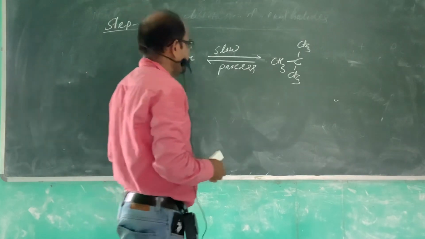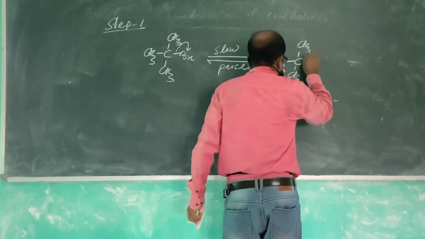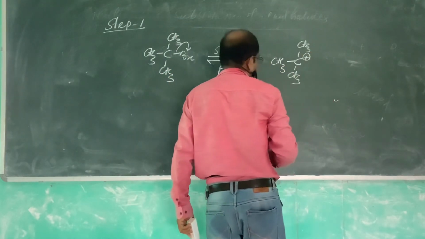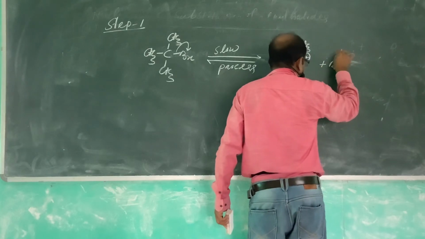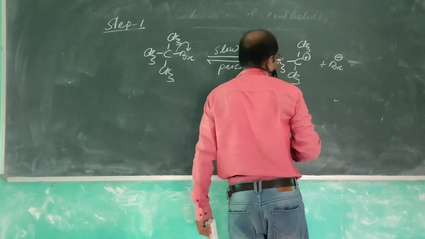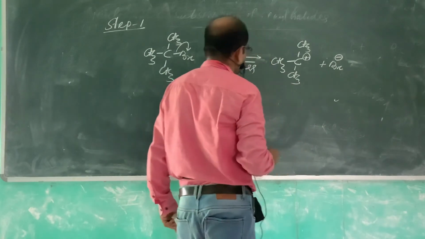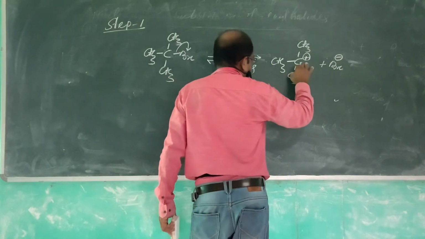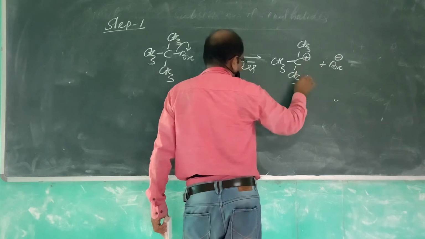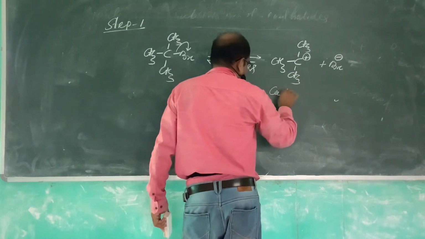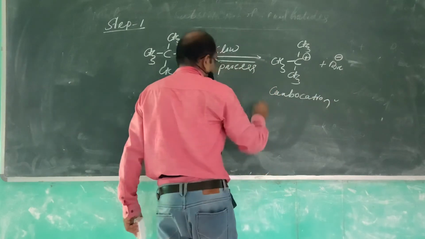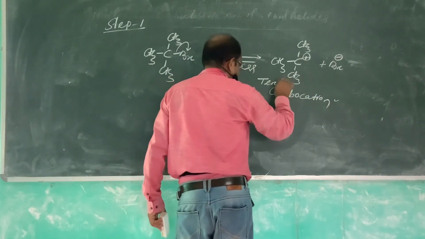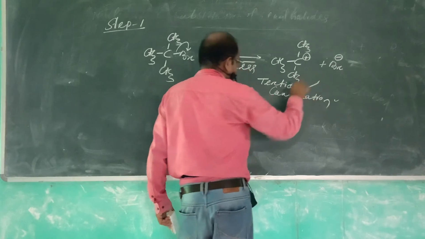As a result, carbon acquires a positive charge and bromine, or bromide, acquires a negative charge. This positively charged carbon atom is called a carbocation, here a tertiary carbocation.